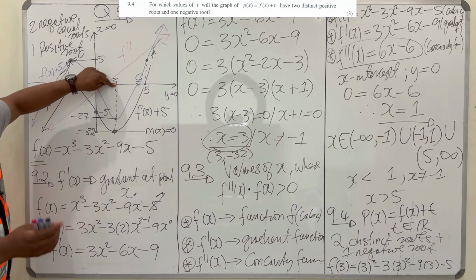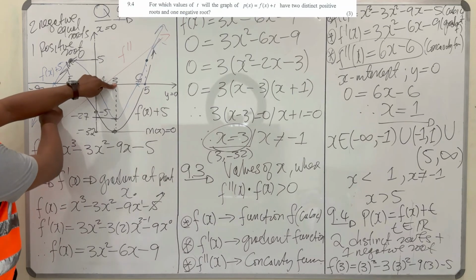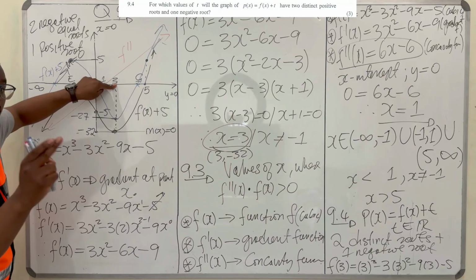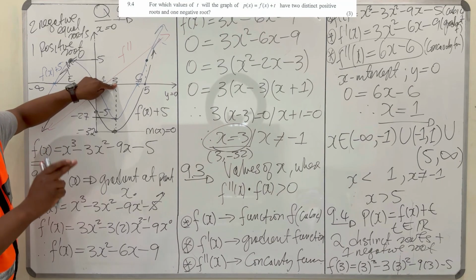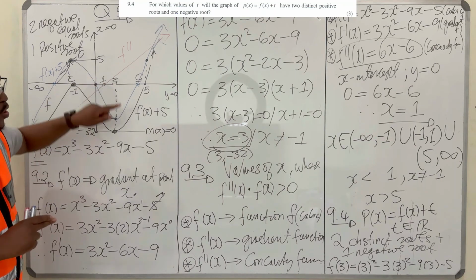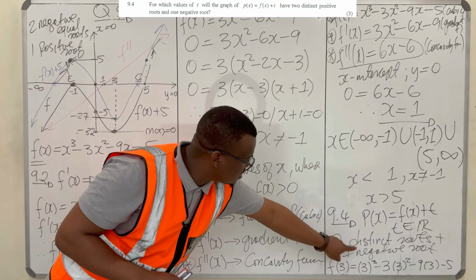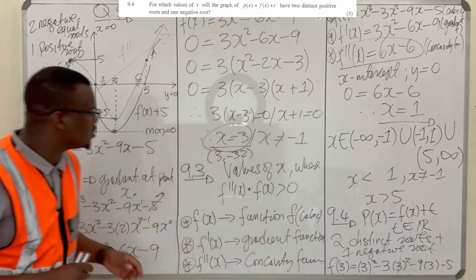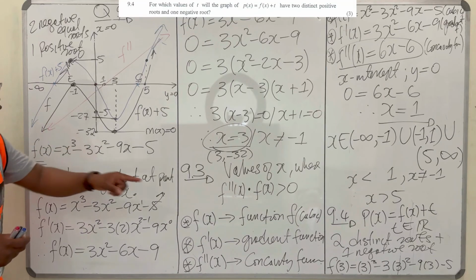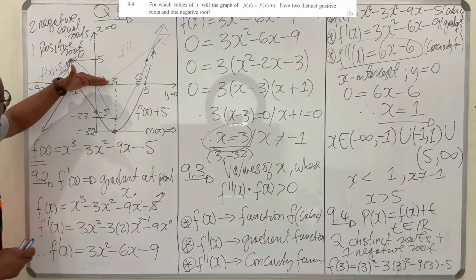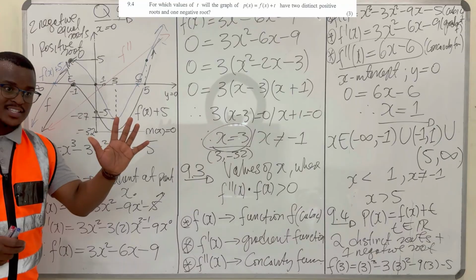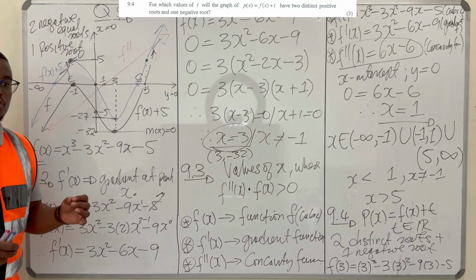And in that case, you will have one negative root and two equal positive roots, which is what we don't want. What we want is exactly two positive distinct roots and one negative root. So if you want to obtain that, you must shift your function more than 5 units upwards, but less than 32 units.